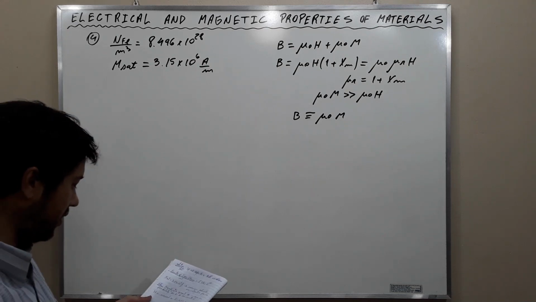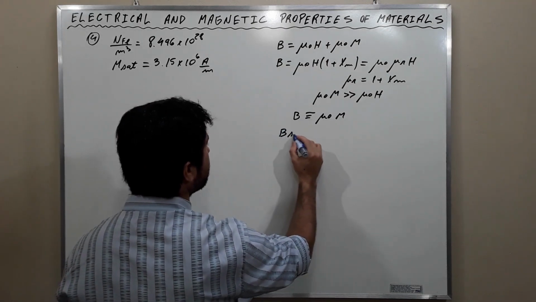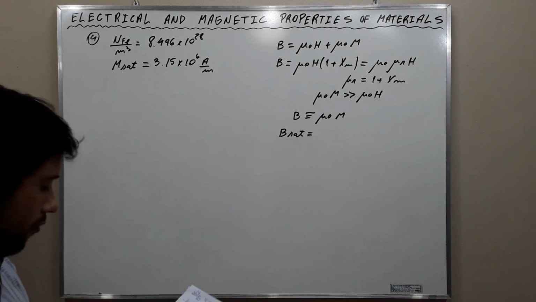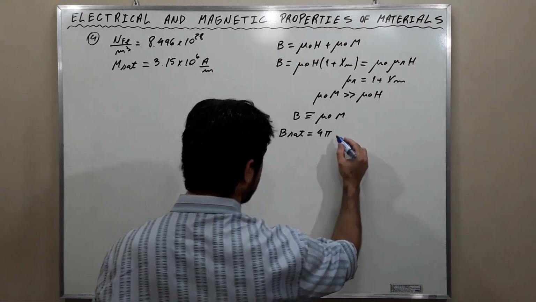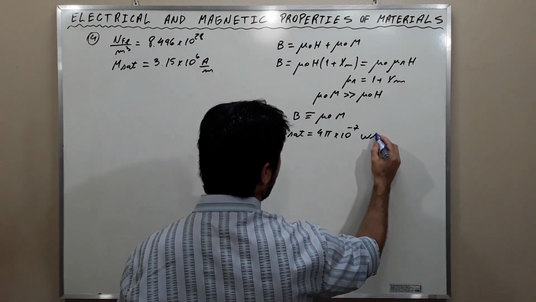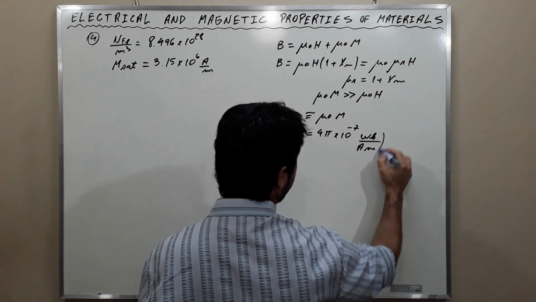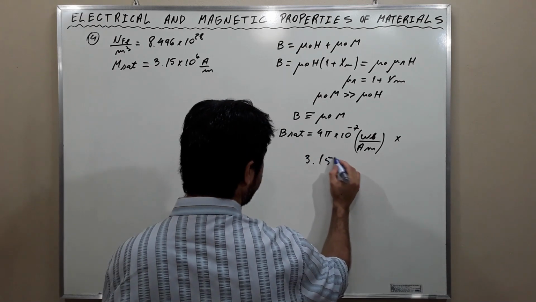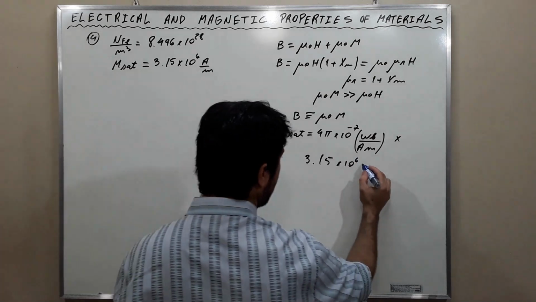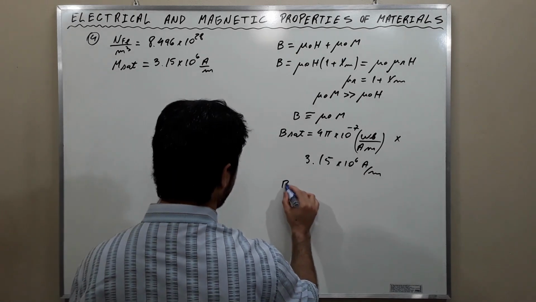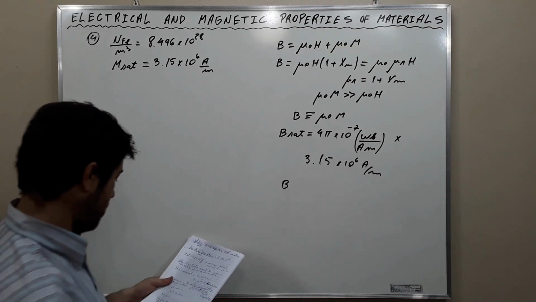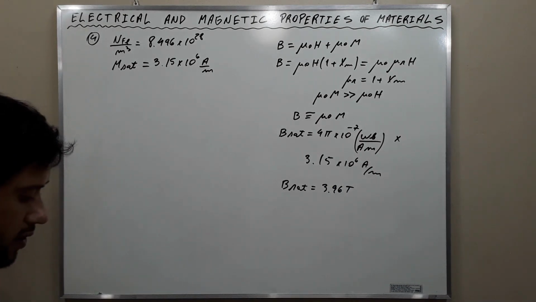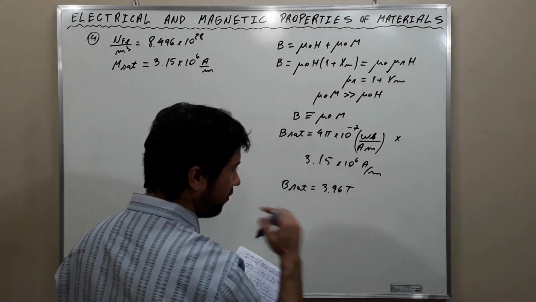Therefore, the saturation flux density in Tesla is going to be equal to the magnetic permeability of free space, which is 4 pi times 10 to the negative 7 Weber per ampere meter, times 3.15 times 10 to the 6th ampere per meter, and this gives a saturation magnetic flux density of 3.96 Tesla.